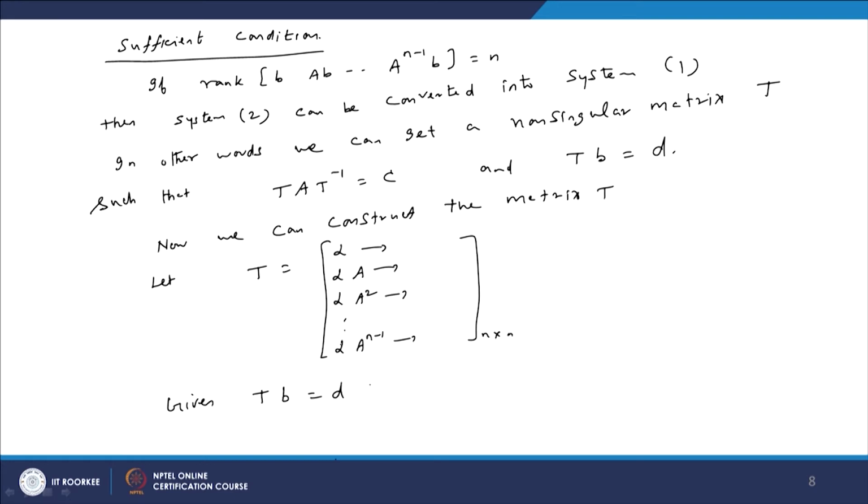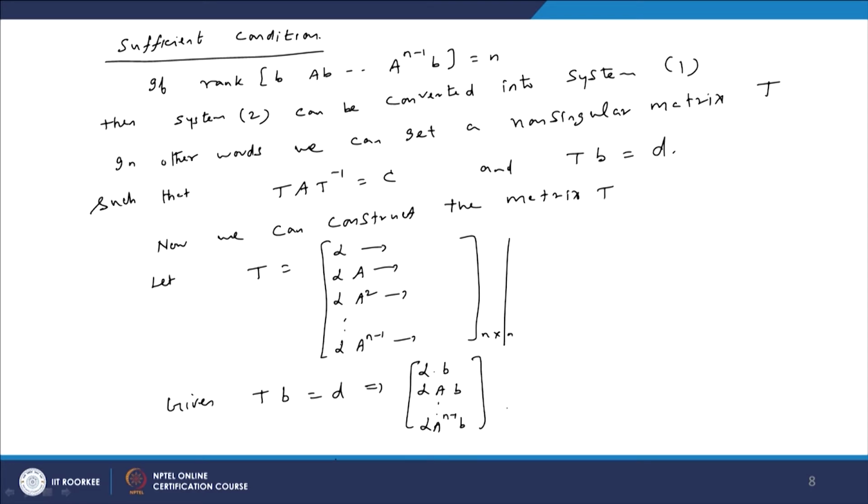So, this implies that alpha into the B matrix is the first element. If you multiply T into B, it will be a single column. The first element is alpha into B, then alpha into AB is another element, and alpha A power n minus 1 B is the last element.